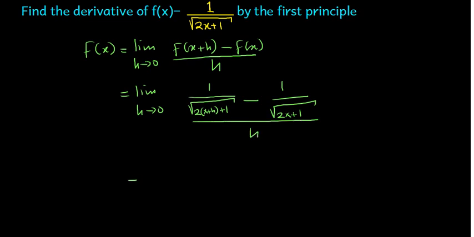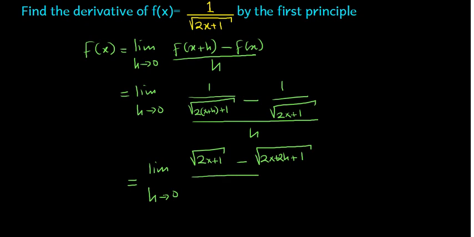And this is going to be equal to, we can merge what is on top as a single fraction. And how do you do that? Multiply this by what is down there. So first, with the limit as h approaches 0, that will give us the square root of 2x + 1. Multiply a negative 1 by this one which is down. That will be negative the square root of 2x + 2h + 1.